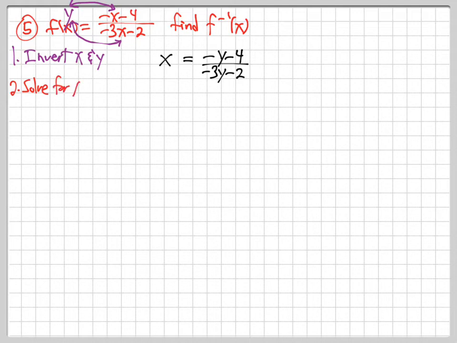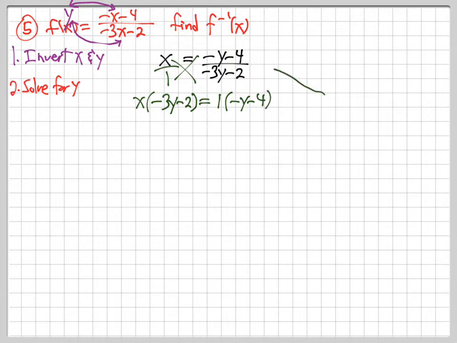solve for y. All right, what do we do when we have fractions? You know this quite well, right? Put this over 1, diagonal, don't we? So it's going to become x times minus 3y minus 2 is 1 times minus y minus 4. Like that. Okay.